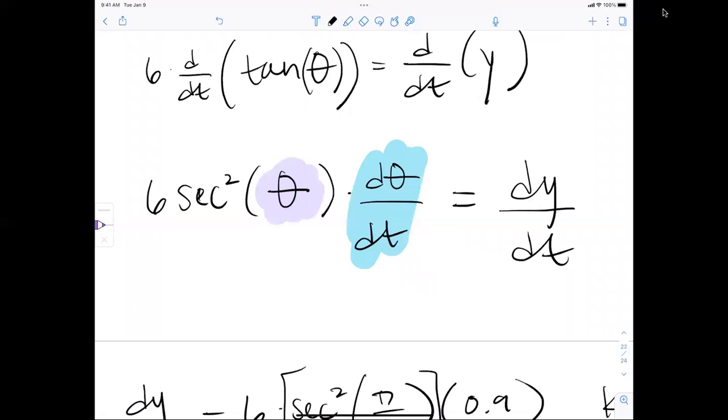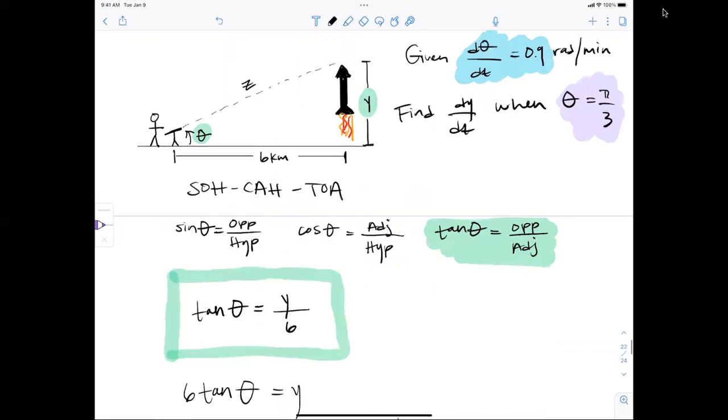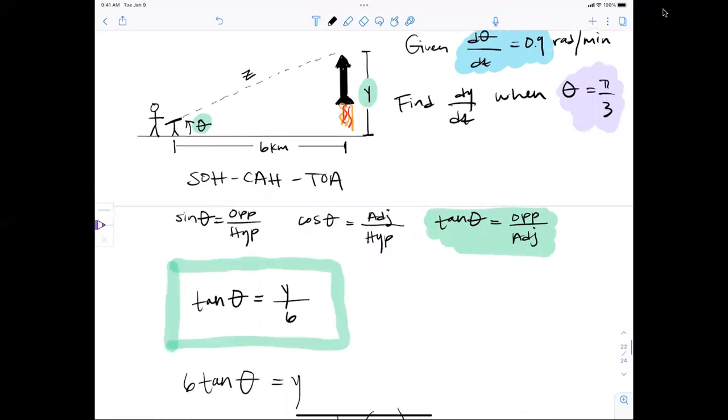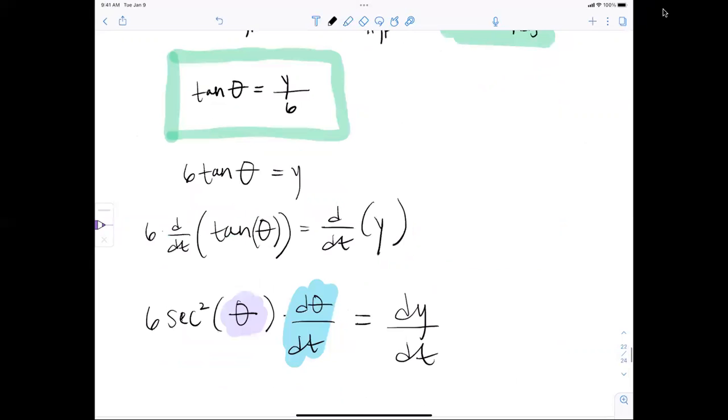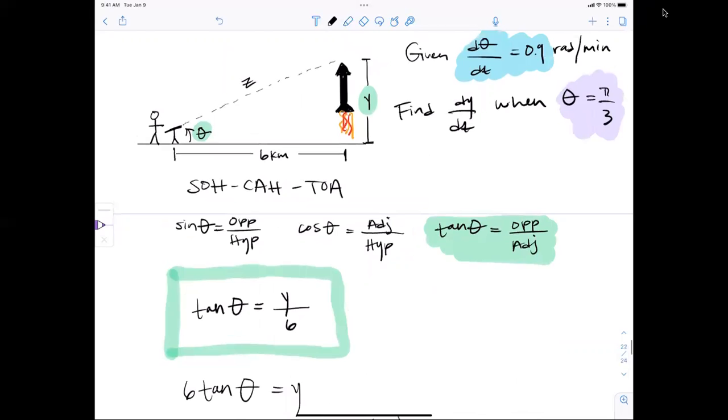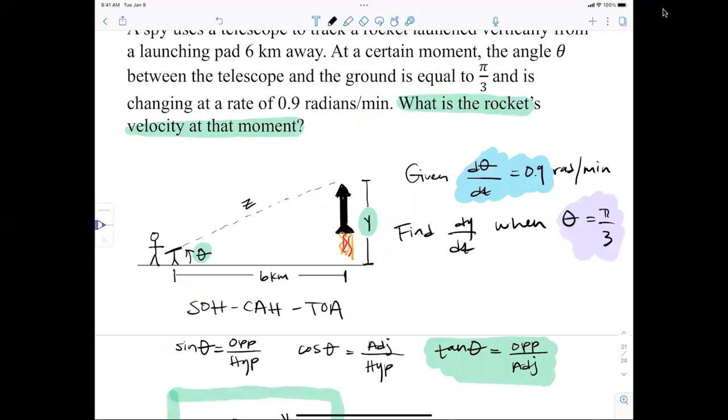Sometimes you would be given information about z instead of the value of theta at that particular moment, or some other piece of information, where if you still had to solve for dy over dt, you would want to determine what secant of theta is based on the sides of the right triangle that's there.